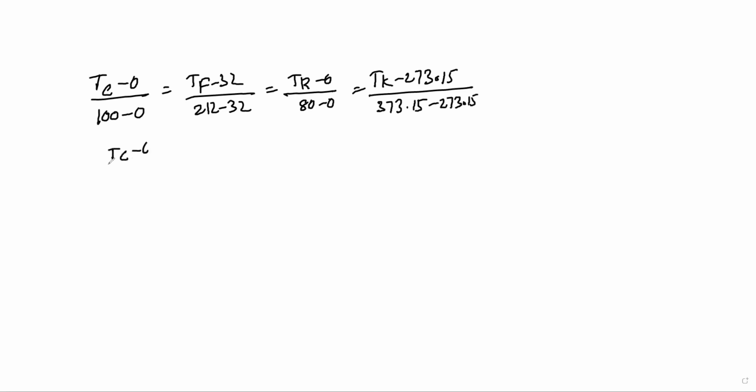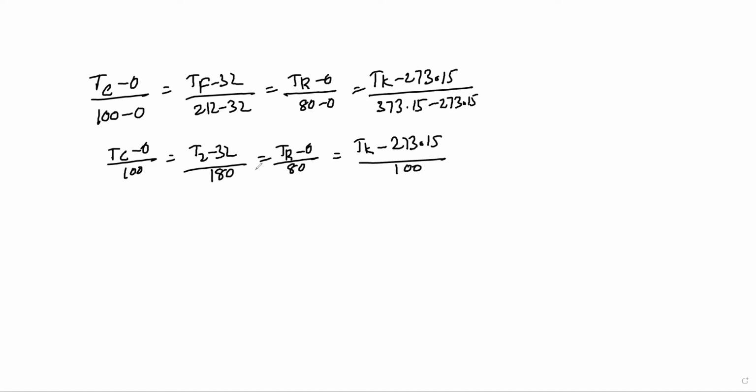So TC minus 0 by 100 is equal to TF minus 32 by 180, is equal to TR minus 0 by 80, is equal to TK minus 273.15 by 100. So this is the most important.